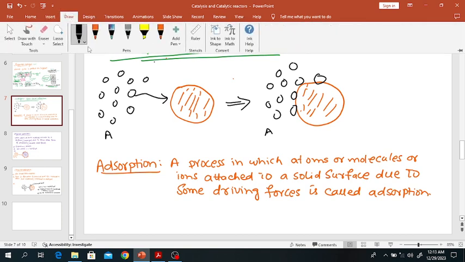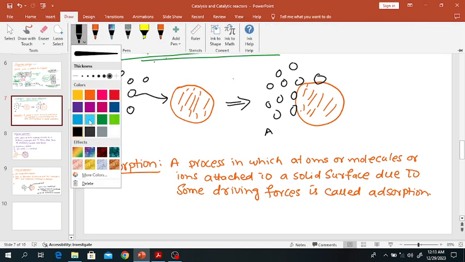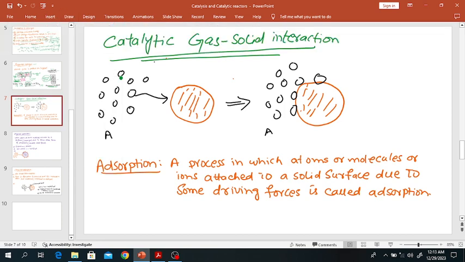So let's check it. These are the gas molecules. Suppose this is one molecule, these are the various molecules. These are the gas molecules. And this is a solid surface.